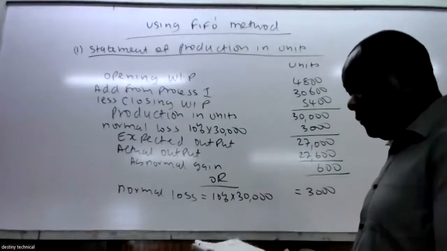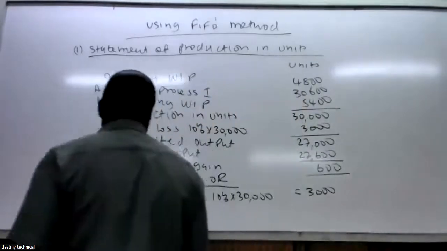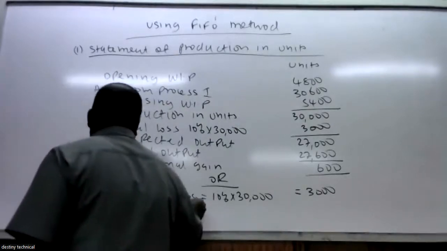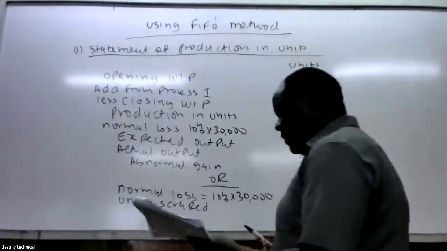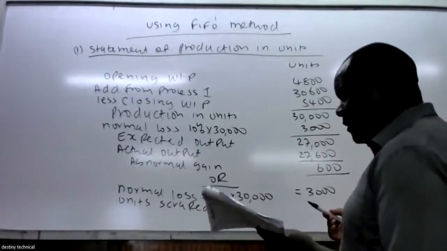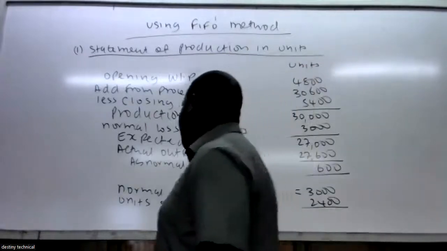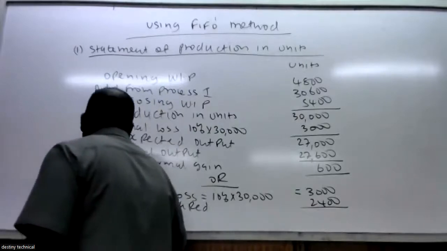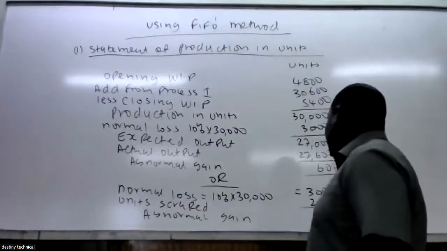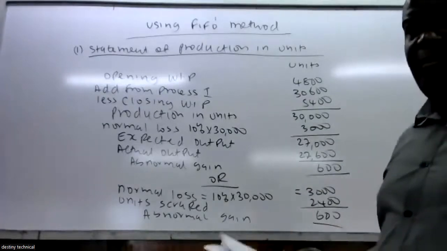We compare that to the units scrapped, which were given in note number 3 as 2,400. When you subtract, we still get the abnormal gain of 600.